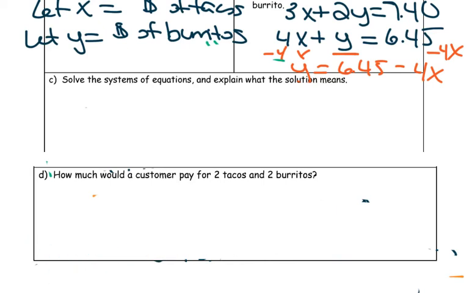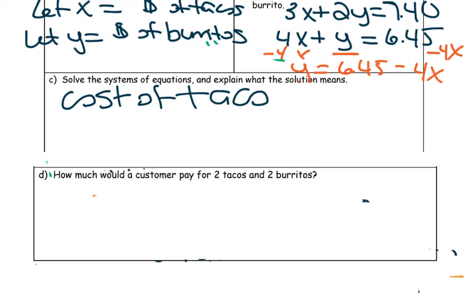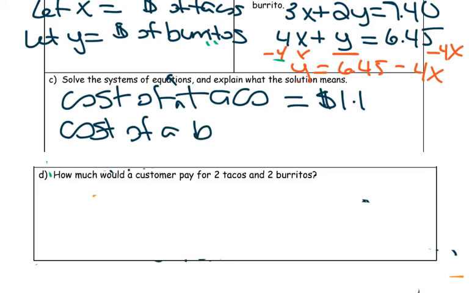Okay, so when we solved it, we said the cost of a taco is equal to $1.10, and the cost of a burrito is equal to $2.05. Now let's look at letter D.